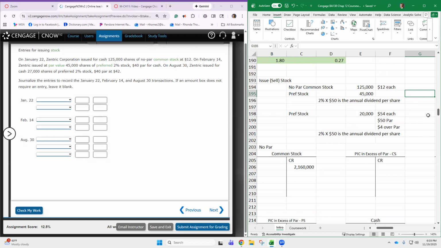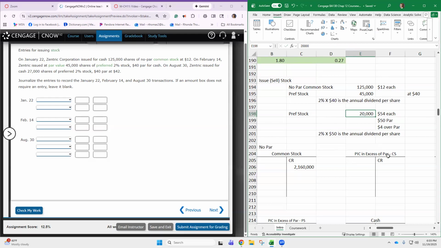Okay, it's all right. So here's what we're going to do. We're going to issue that at par, right? So its par is $40. Okay, its par is at $40. The dividend for that preferred shares is 2%, but we've got to take it times its par of 40, not 50.